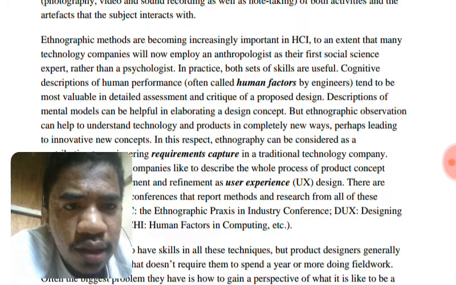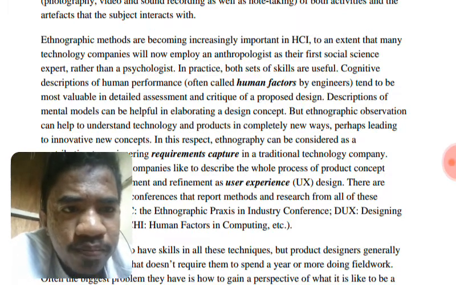In practice both sets of skills are useful.